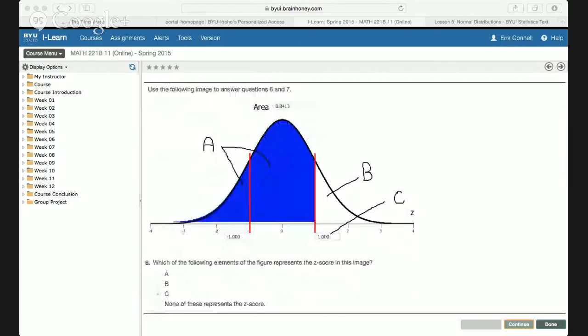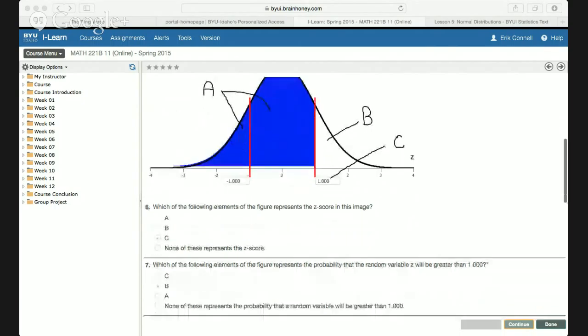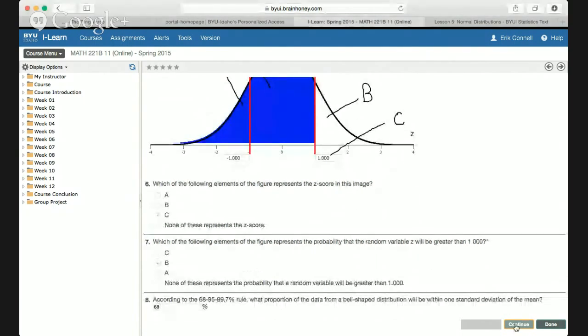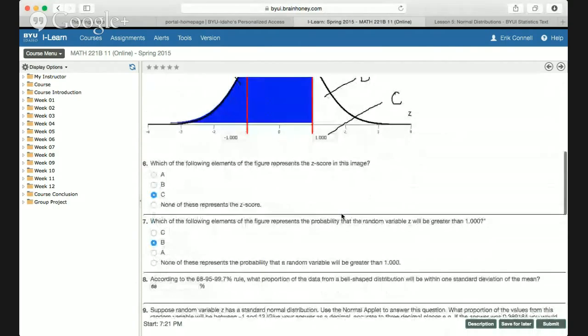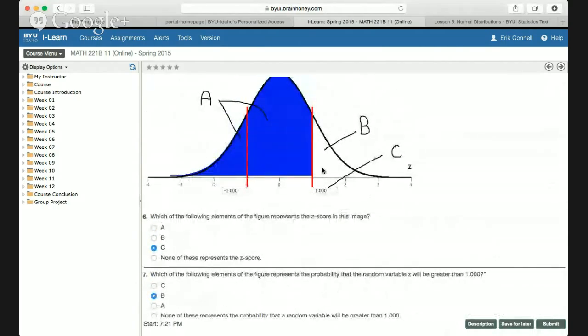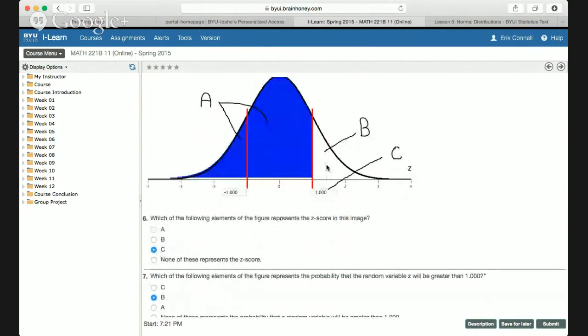Use the following image to answer questions 6 and 7. Which of the following elements of the figure represent the z-score in this image? This one. C. Which of the following elements of the figure represents the probability that the random variable z will be greater than 1? So I think it'd be B. Because if our z is a positive 1, then everything to the left is less than, and everything to the right is greater than.